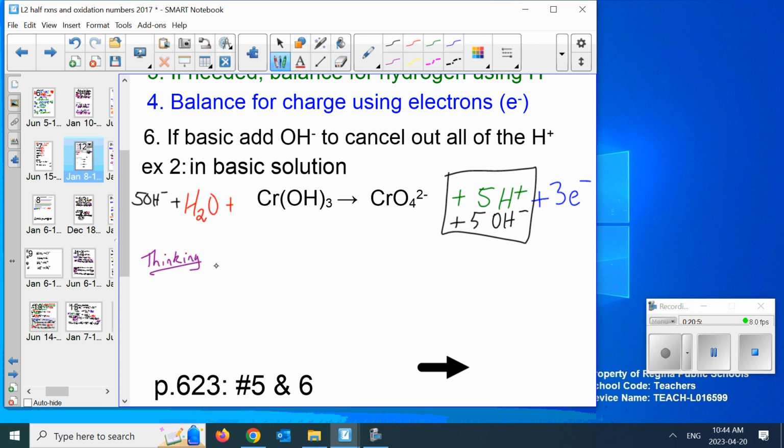Back to this, good. So here's what I'm writing out. I'm thinking this. I've got the 5 hydroxides on the left, plus the water, 3 hydroxide. I screwed up with the arrow, I'm not in line. This is 5 waters.